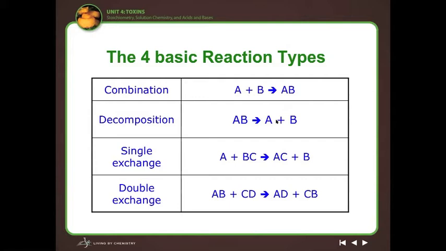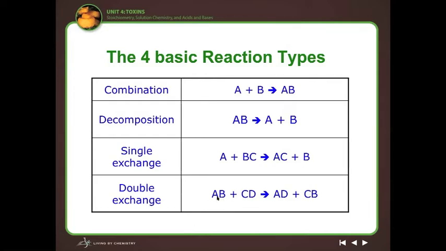They break apart. Single exchange reaction is when you have A by itself, and then it reacts with BC, and what is produced is a new substance that is a combination of A and C, and B is liberated or set out free on its own.